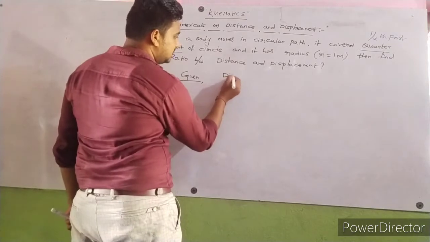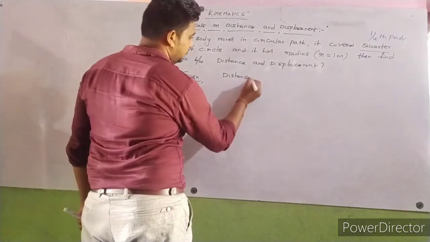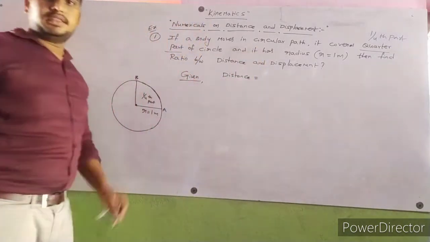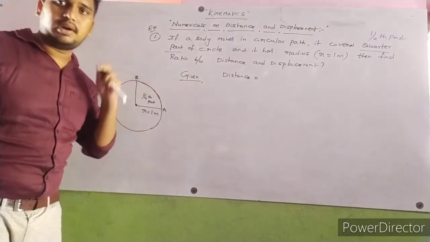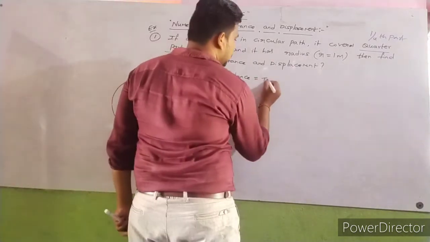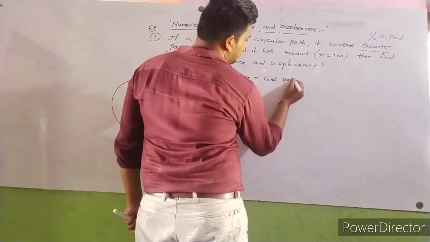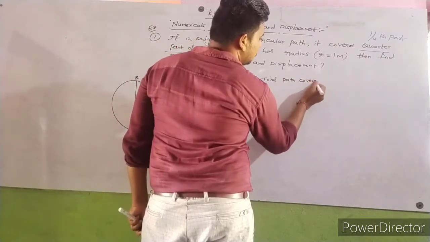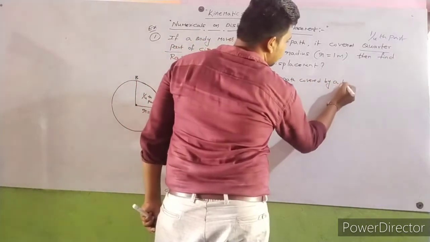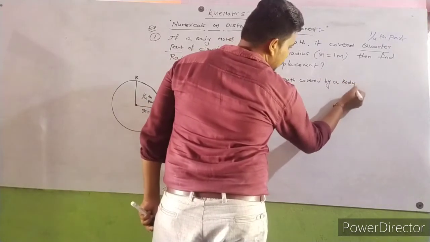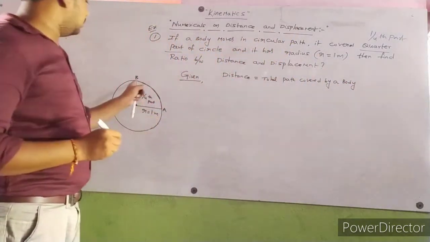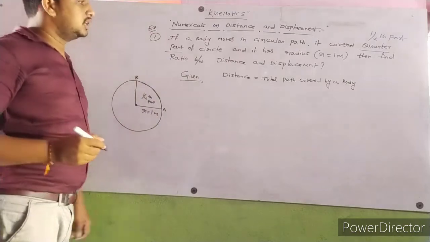Distance is equal to the total path covered by a body. What is the total path covered by the body here?